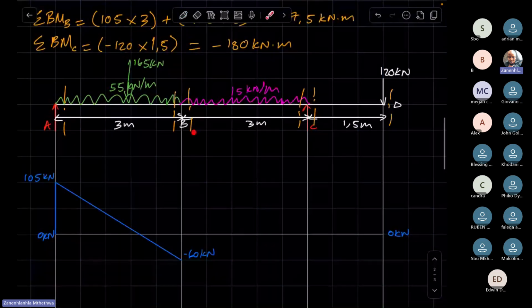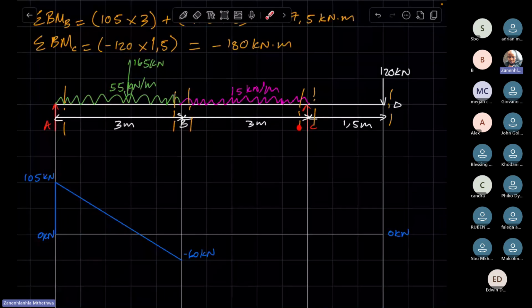Right? Now you move to the next section, and the next section is this one. And then we consider forces between the last section and the current section. The only forces to consider between the two sections are the weight of the beam.